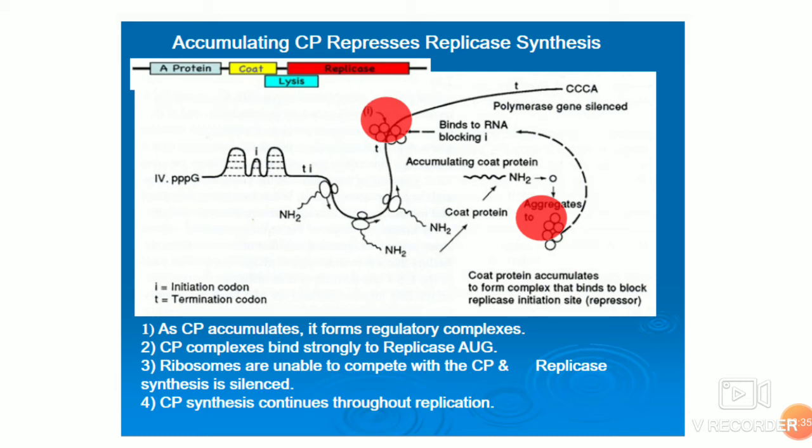Many coat proteins aggregate to form complexes and bind strongly to the replicase initiation site, that is AUG. Ribosomes then will be unable to access the region for synthesis of replicase. Only coat protein is synthesized and the replicase synthesis is silenced. Coat protein synthesis continues throughout the replication.